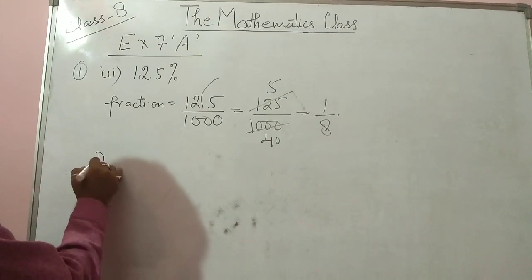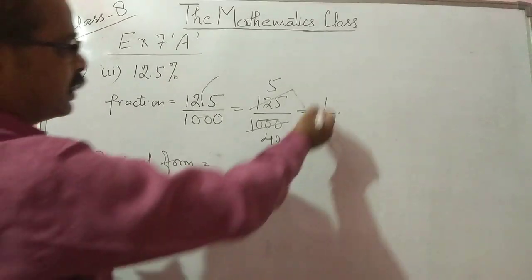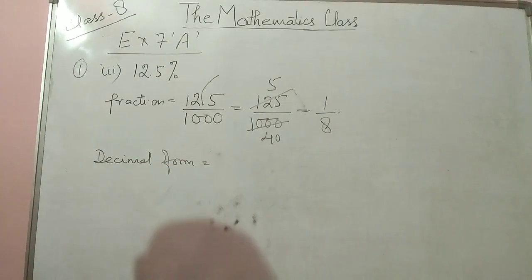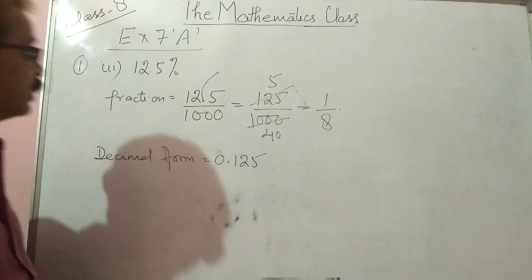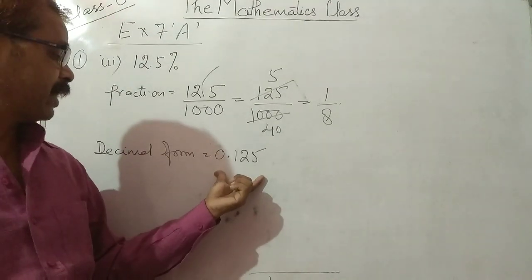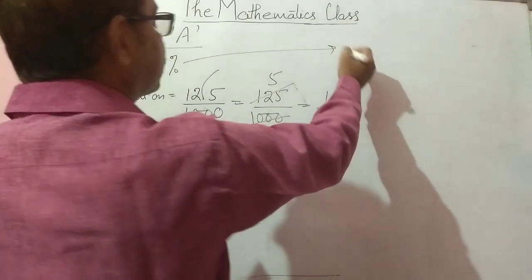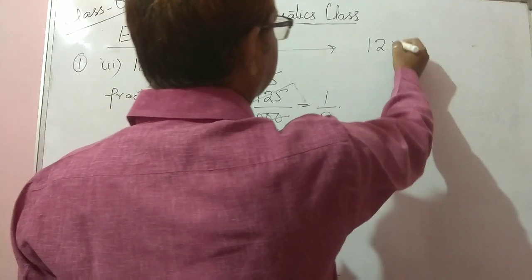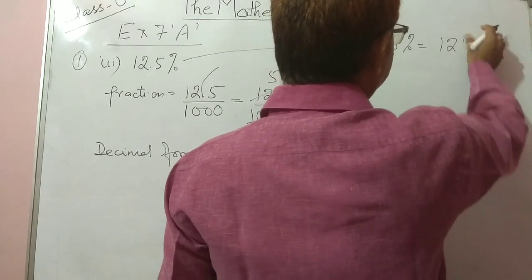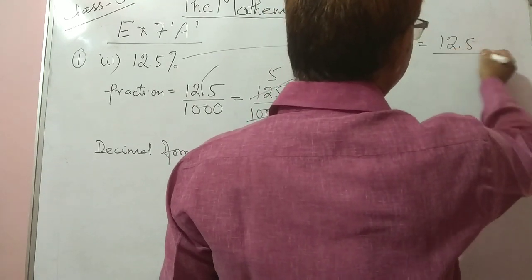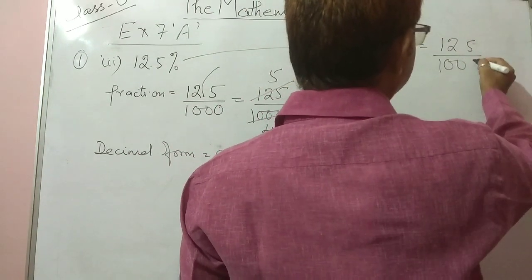And what will be in decimal form? In decimal form, you can simply divide 1 by 8, so it will be 0.125. Or simply, 12.5% can be written as 12.5 upon 100 to convert to fraction, and you remove this decimal, increase 1 zero.